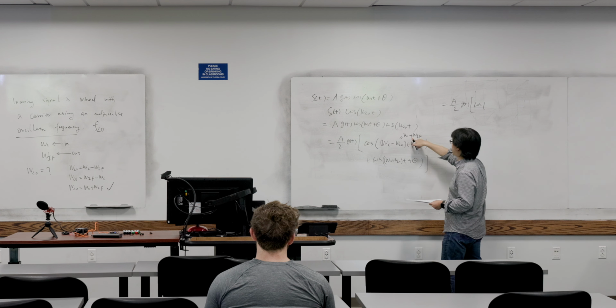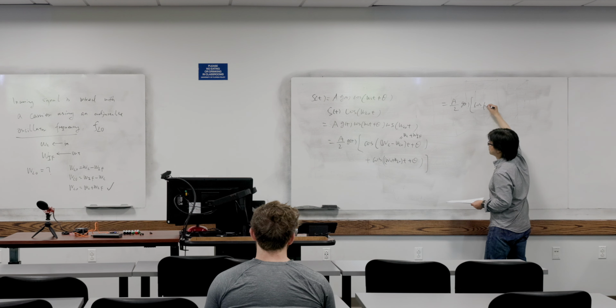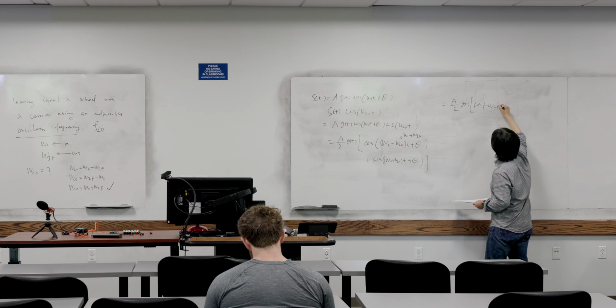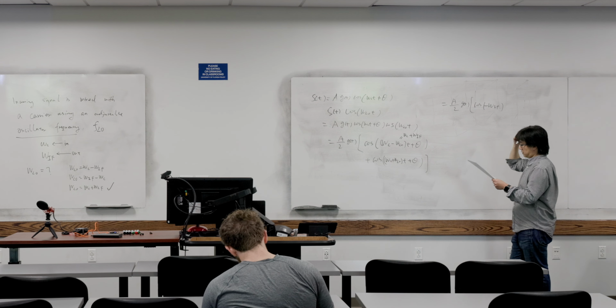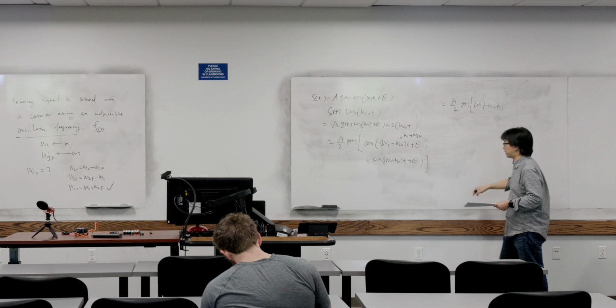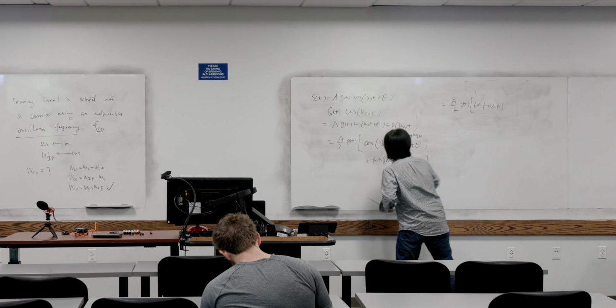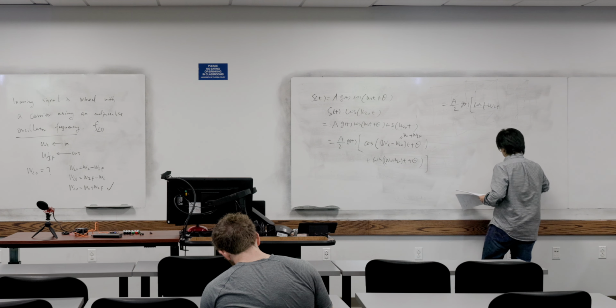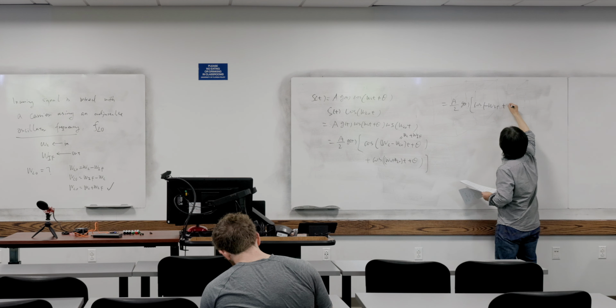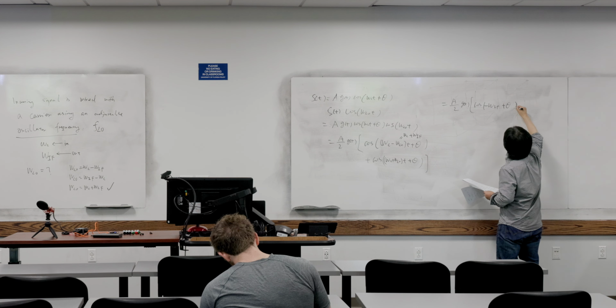So this minus that would be cosine of minus omega IF t plus theta.